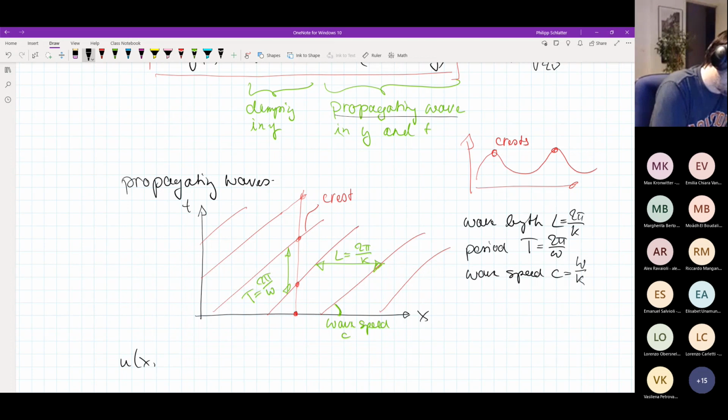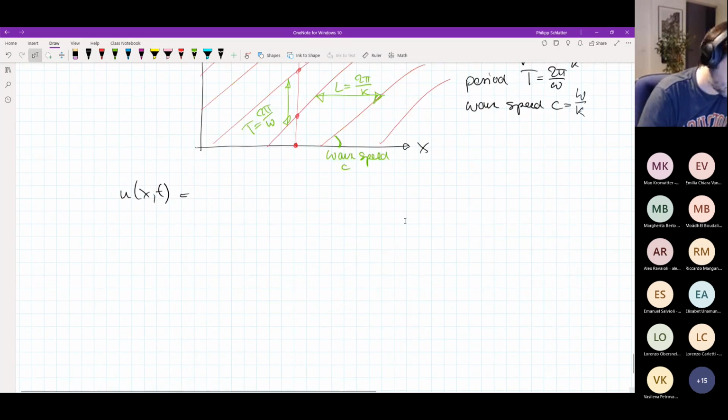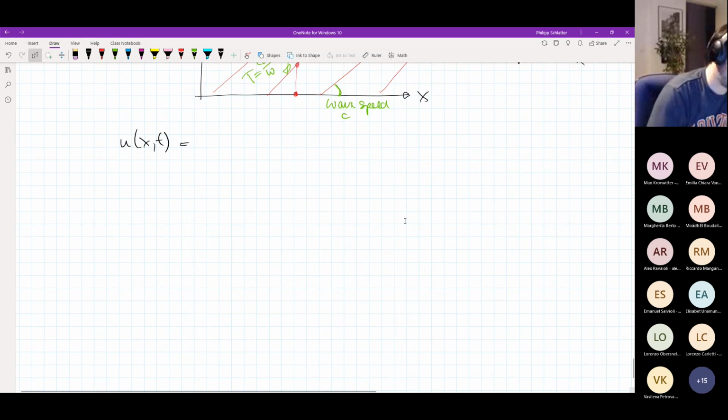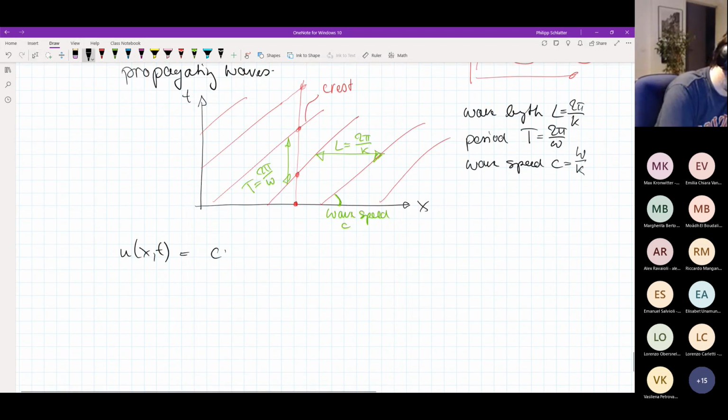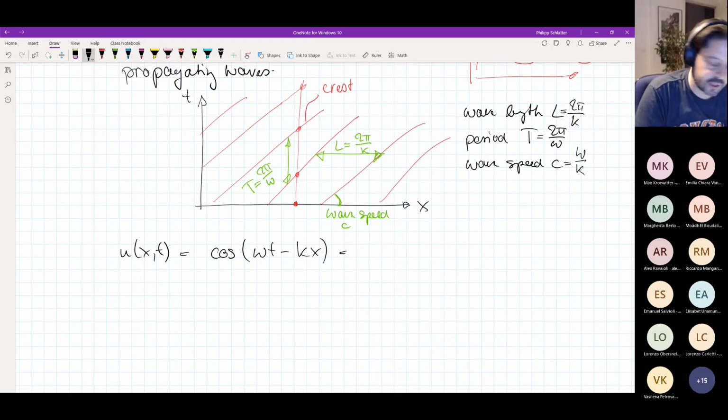The equation of what I have shown here is exactly what I had. This can be written as a cosine of, let's say, omega t minus k times x, which of course is the same because the cosine is an even function. This is the same as kx minus omega t.